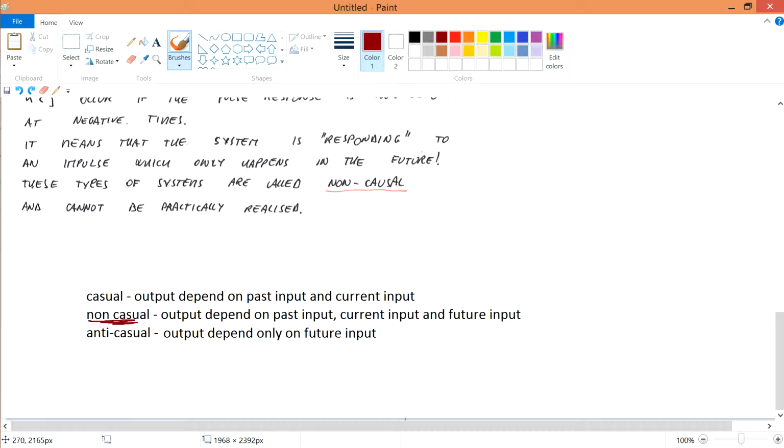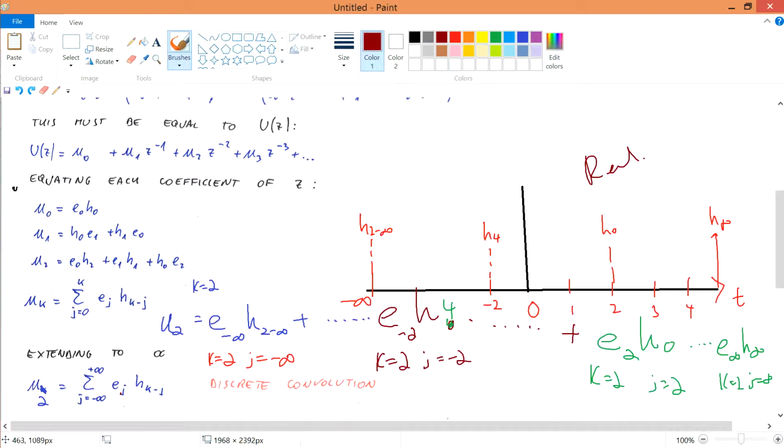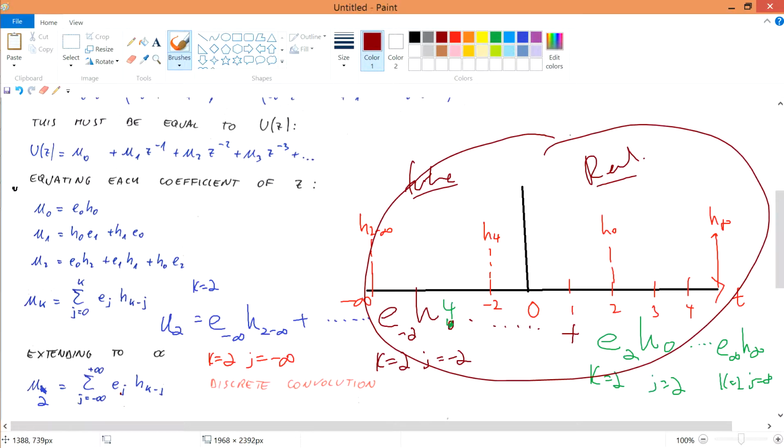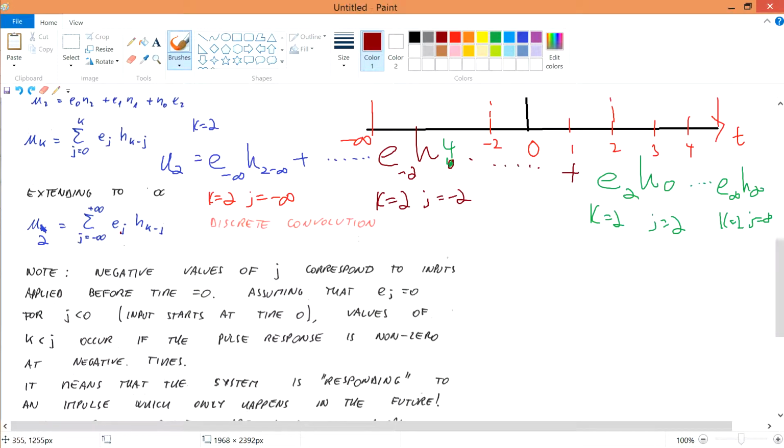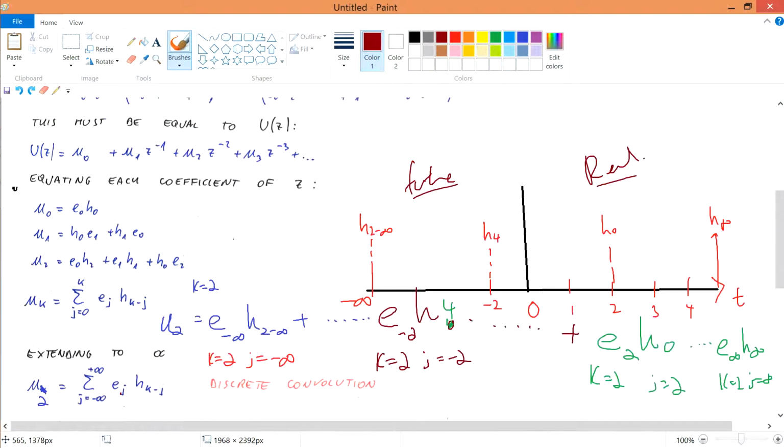For a non-causal system, you're dealing with both the real and the future input, so it's the whole thing all together. What we have been doing in this case, where j goes from minus infinity to infinity, is a non-causal system.